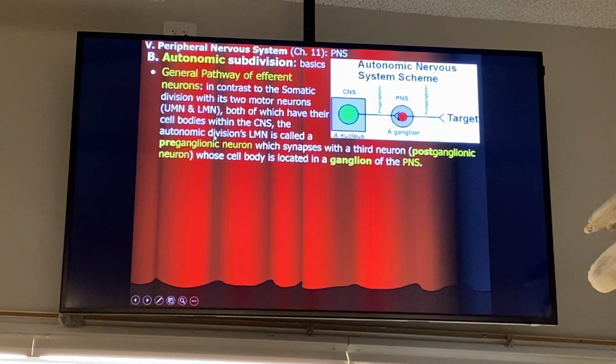On the autonomic side, the lower motor neuron is called the preganglionic neuron. They're both blue. Does this help at all? Yeah. And on the autonomic side, there is a third neuron, postganglionic neuron in green, whose cell body is in the PNS, in the ganglion. That's where the green circle is.